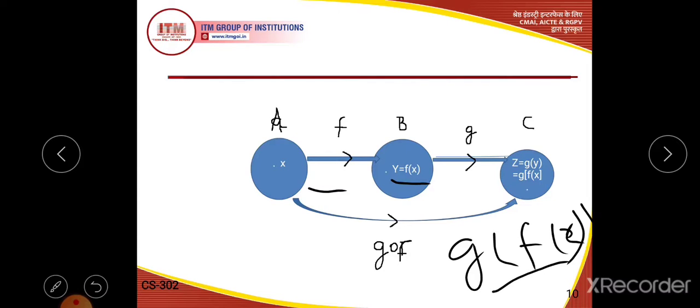Now this is the element which belongs to g∘f, the mapping which is defined from A to C. So g∘f is a composite mapping of both the mappings f and g. I hope you understand composition of mappings by this example.